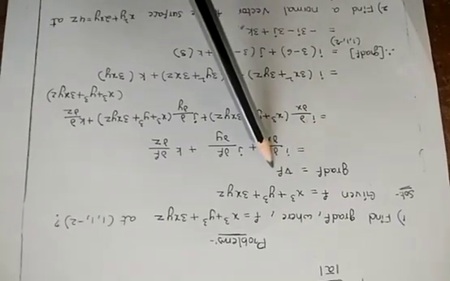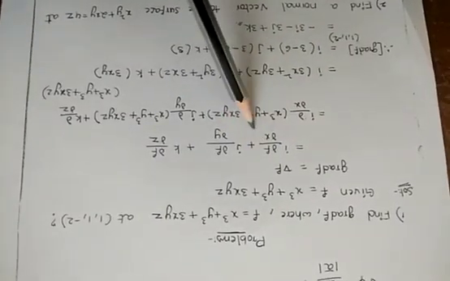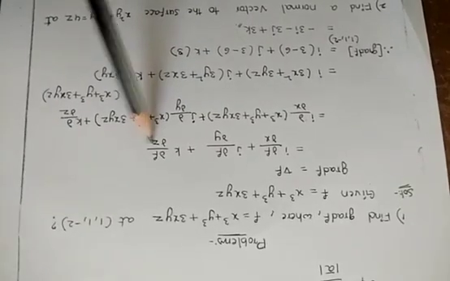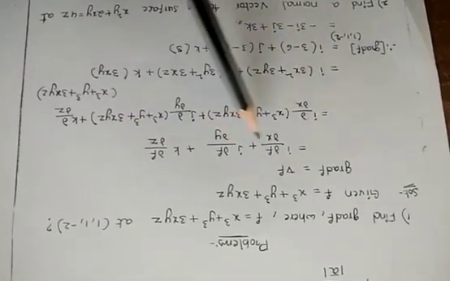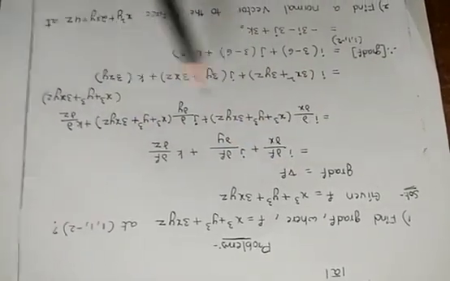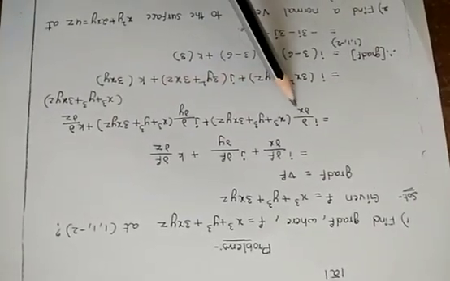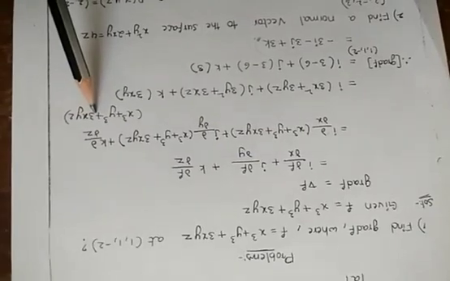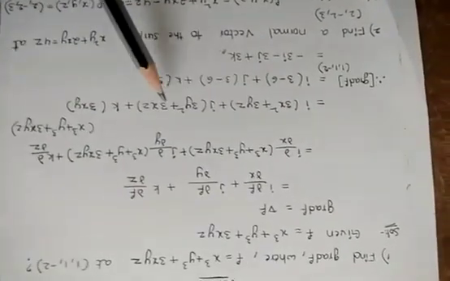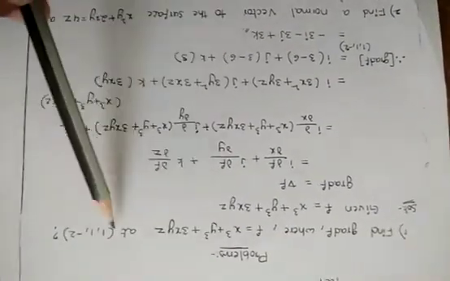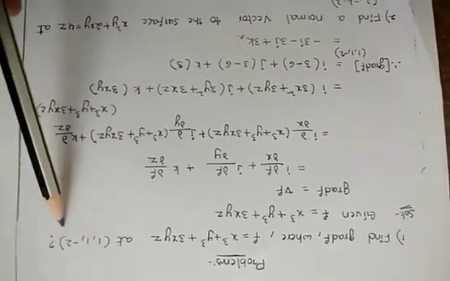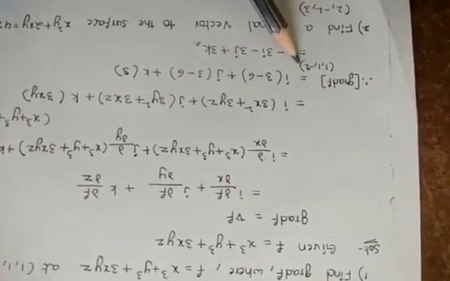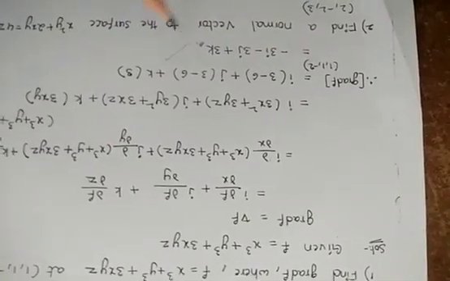Grad f is del f, which means i ∂f/∂x plus j ∂f/∂y plus k ∂f/∂z. We just have to replace the function here and differentiate partially with respect to x, y and z, which gives del f or grad f. But we have to find del f at the point (1, 1, -2). Just replace the x value as 1, y value as 1, z value as -2. That is the required grad f.